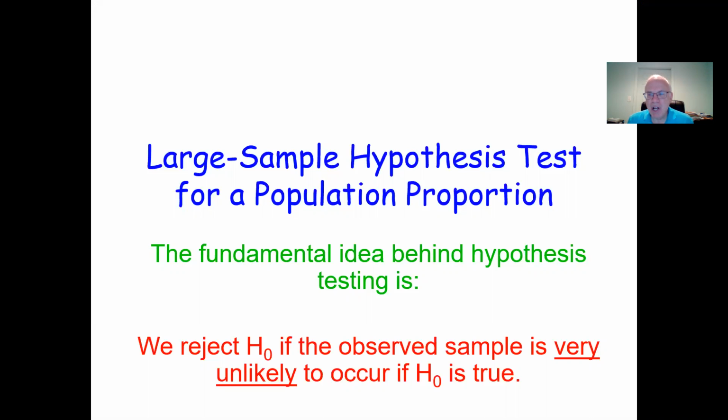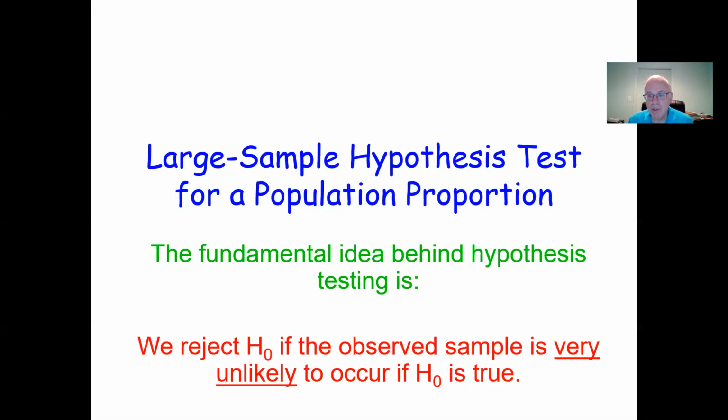If we reject the null hypothesis because the probability of the sample data is so small, it seems unlikely that that sample data occurred with the null hypothesis being true, then we go ahead and reject the null hypothesis. That's the whole idea of it, that it seems so highly unlikely that the sample data that we get has occurred with the null hypothesis being true that we reject it.